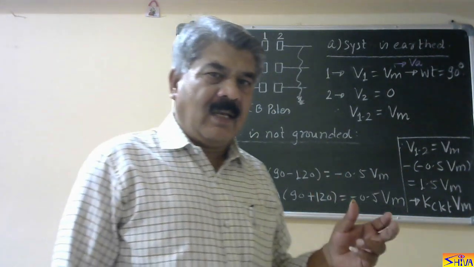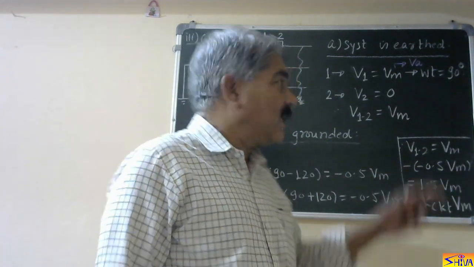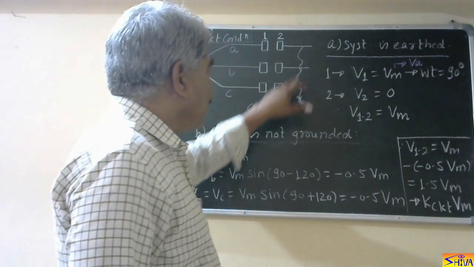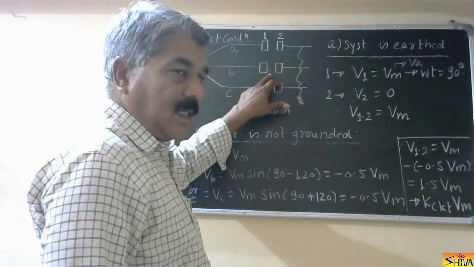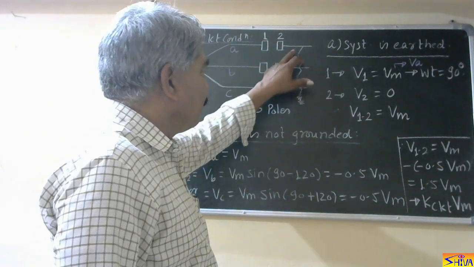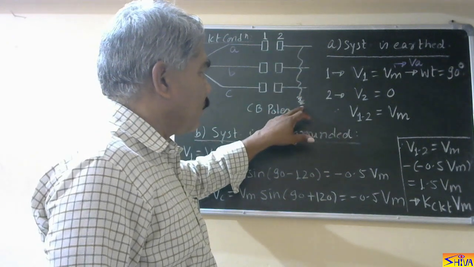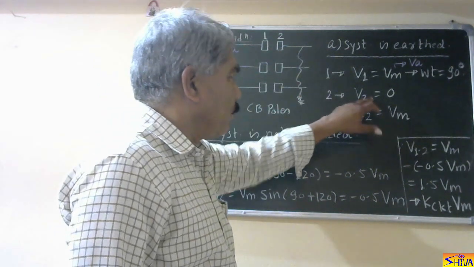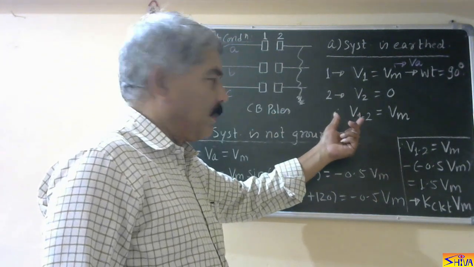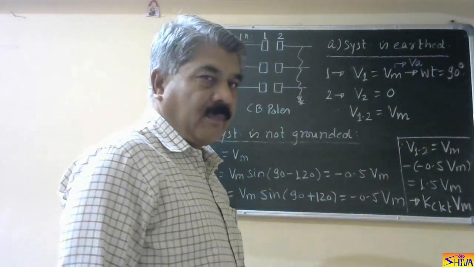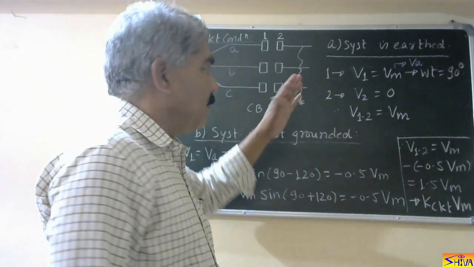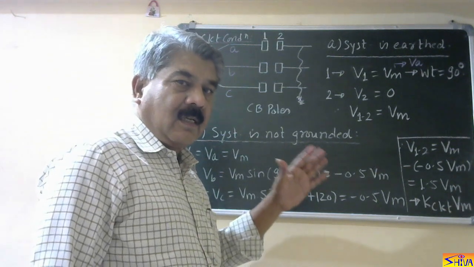So VA, which is equal to Vm sin omega t, will be equal to Vm. Now this part is grounded. These contacts are still arcing, but this contact is at zero potential. So V2 is at zero potential. Therefore, the potential difference between 1 and 2, that is between the circuit breaker contacts, is Vm. So this is the case when system neutral is grounded.